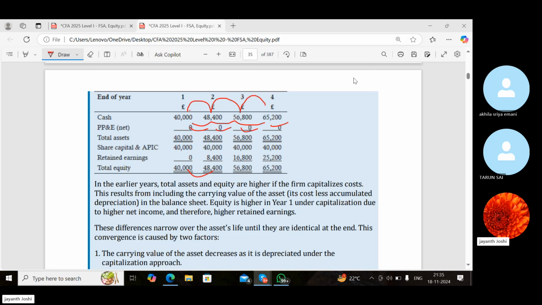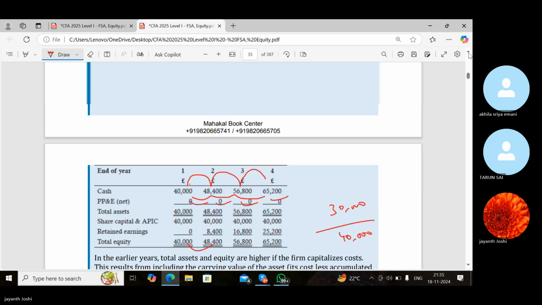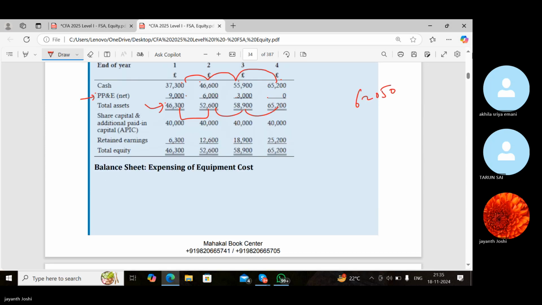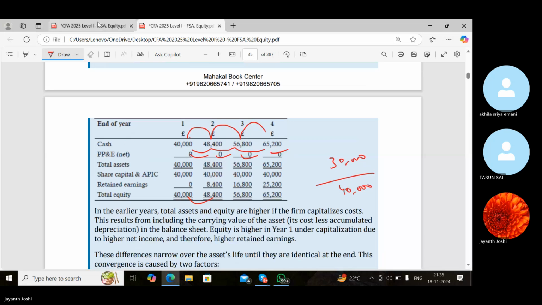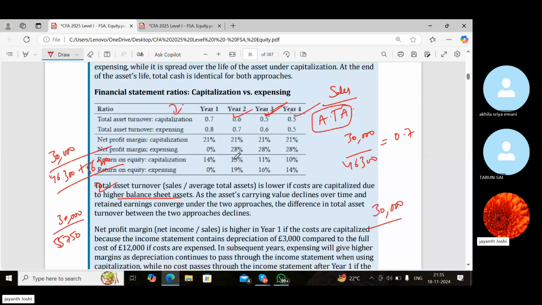So 40,000, 48,400. Do the average. First year it is 30,000 upon 40,000. So you can check it. 0.75 almost I'm getting because I have nothing in the previous balance. Okay.